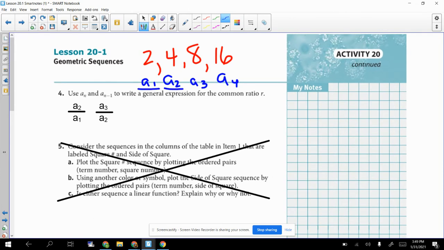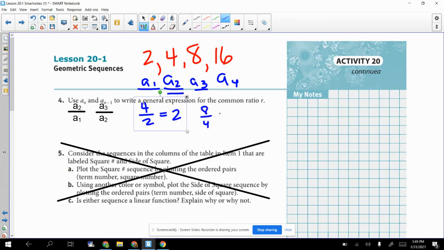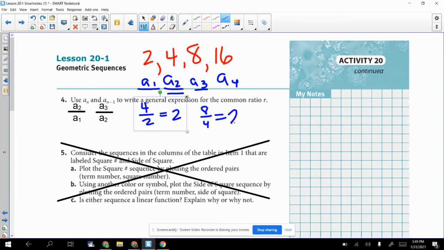Well, that would be 4 divided by 2, and that's going to give you 2. And then do that again. Do a sub 3 divided by a sub 2. And so that would be 8 divided by 4. 8 divided by 4 is 2. So that's how you can get your common ratio.